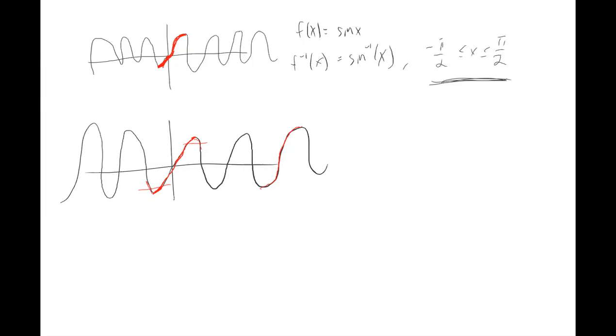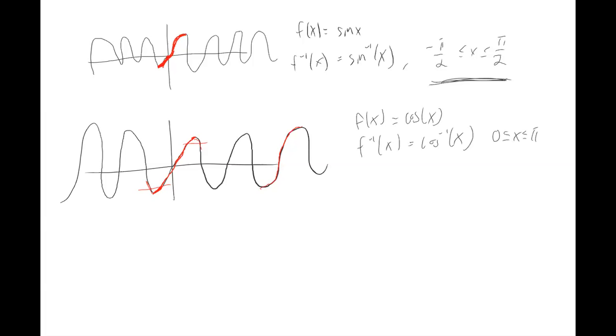And then similarly, we have cosine. Let me go back to black. f of x is cosine inverse. Cosine also fails the horizontal line test, so you need a choice of which part of cosine you want. So the book makes this choice.